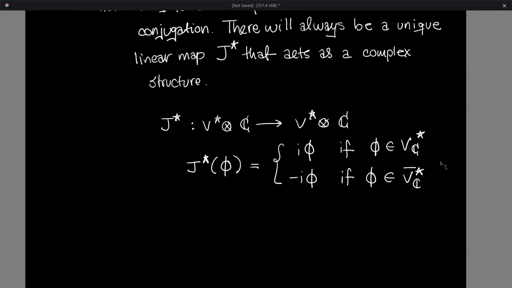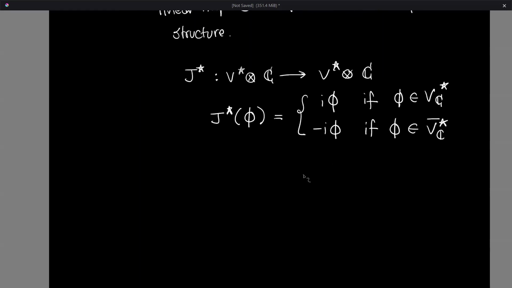And because we know that VC star and VC star bar can be added to get any element of V star cross C, we can always decompose phi into phi 1 and phi 2. Then we use this definition: on the phi 1 part it's i phi 1, and on the phi 2 part it's minus i phi 2. So this works for any element in V star cross C.